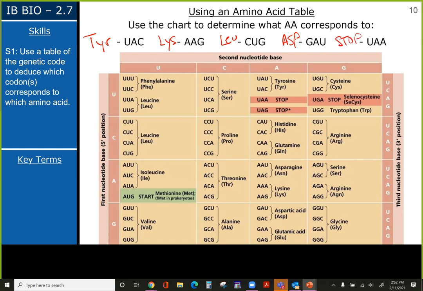Thanks, James. All right, let's see if Amy confers. TYR, LYS, LEU, leucine. So that's tyrosine, lysine, leucine, aspartic acid, and stop. Nice job, guys. I think you have the hang of it.